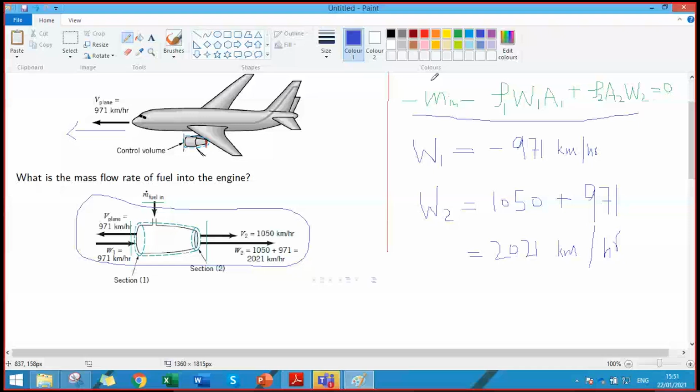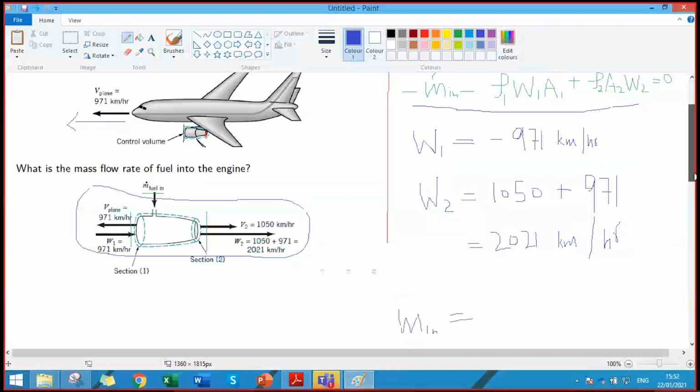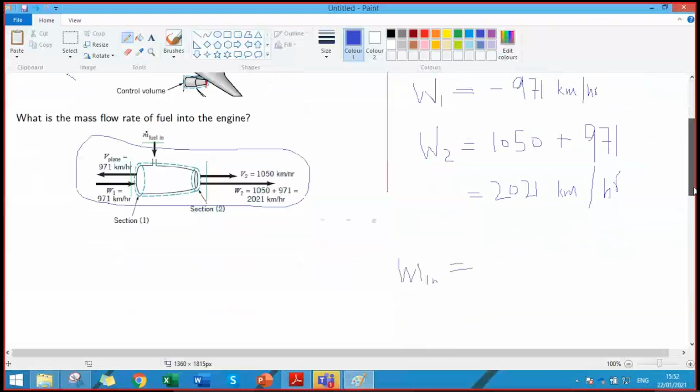So we can solve this for m dot n. m dot n would be equal to rho 2 A2 W2 minus rho 1 A1 W1. Clear?